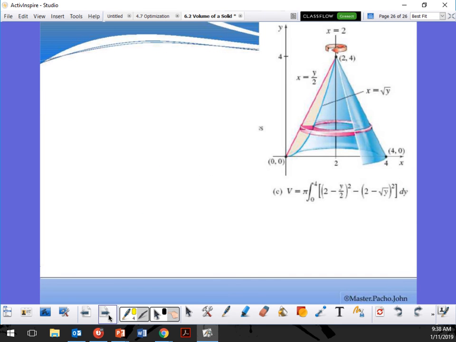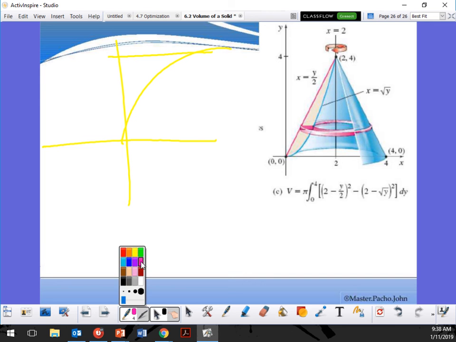Hold on, let me get a new page. All right, so let's go back to this one right here. So here's this function, and I'm bounded by there.